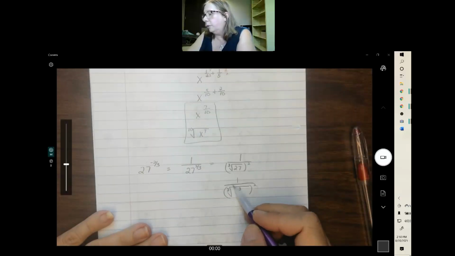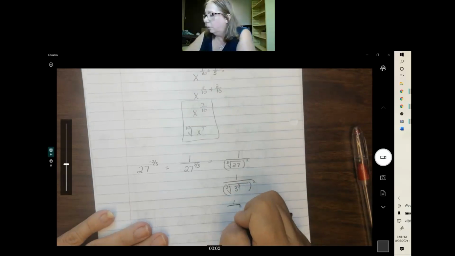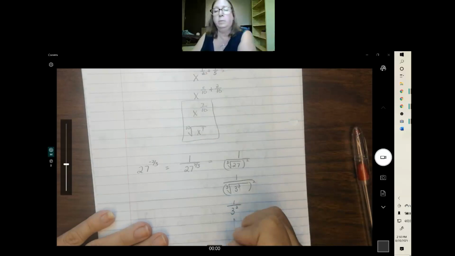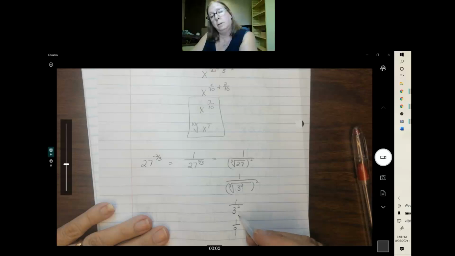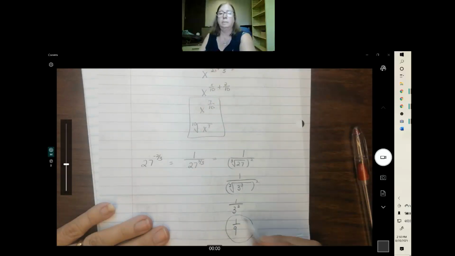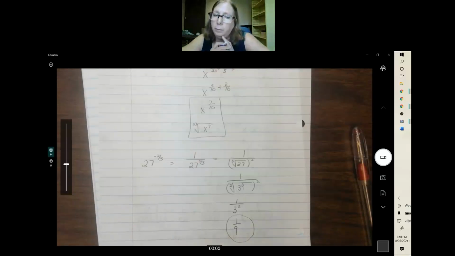So the cubed root of 3 cubed is just 3. And then 3 squared is 9, so you have 1/9. Any questions on that?